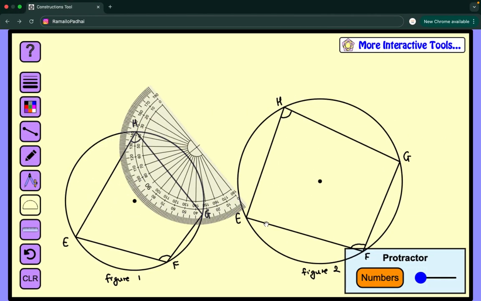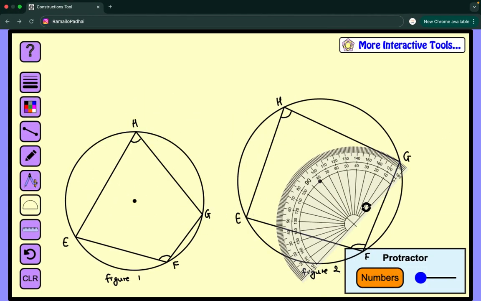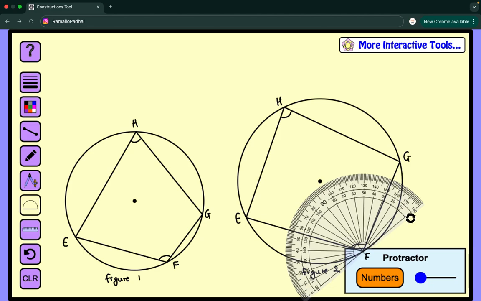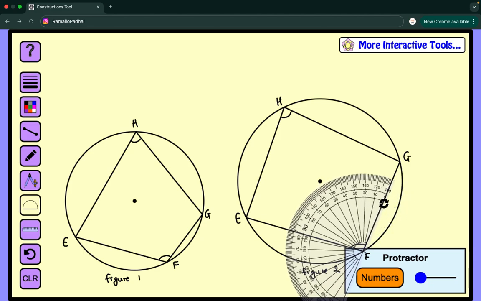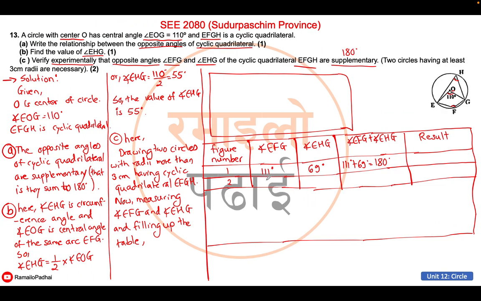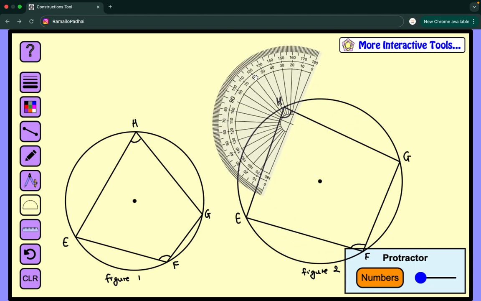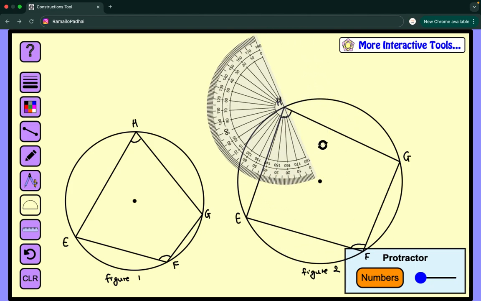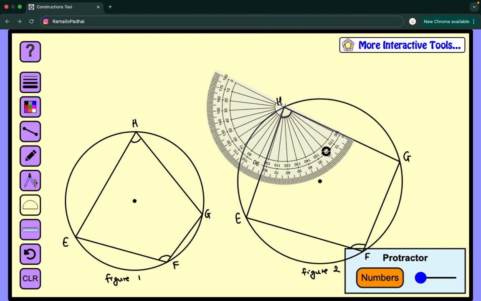Now in the second figure, this EFG is 96 degrees. Now let's measure how much EHG is. Since EFG is 96, it will be 84 somewhere.